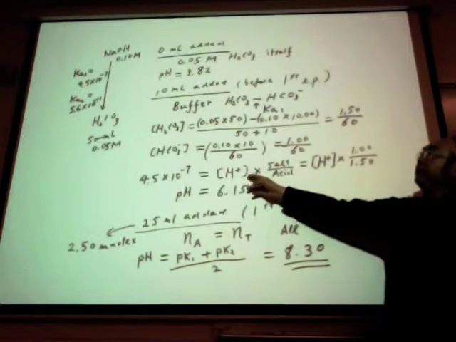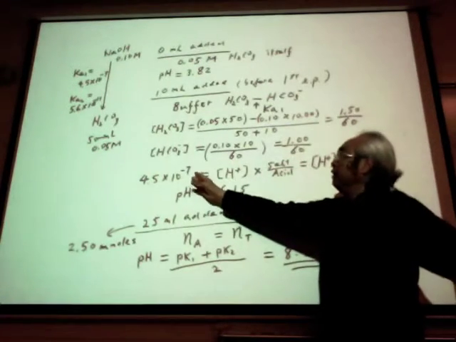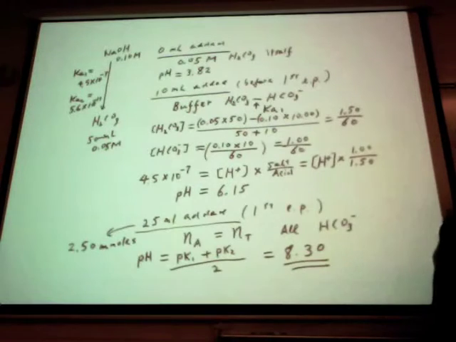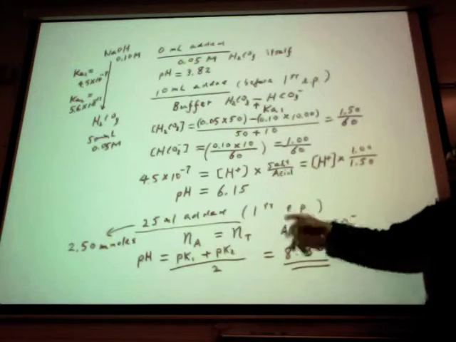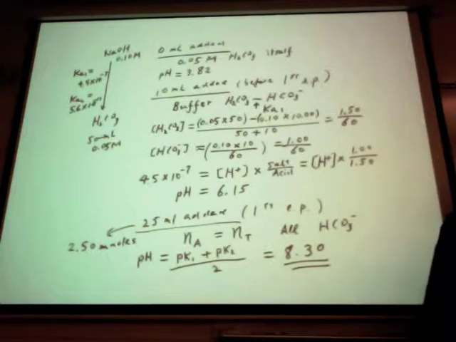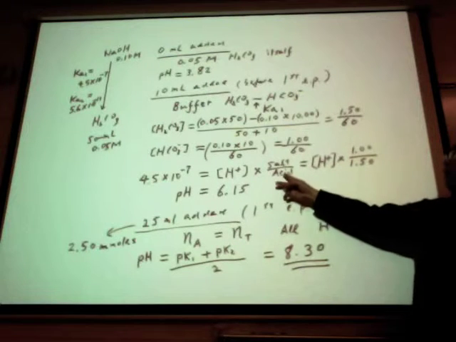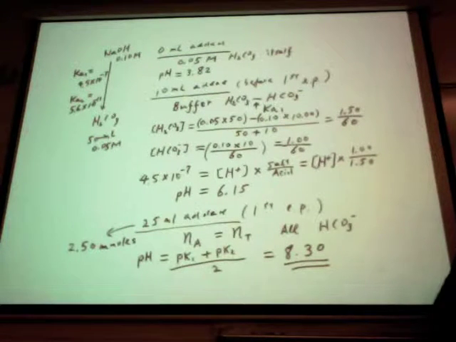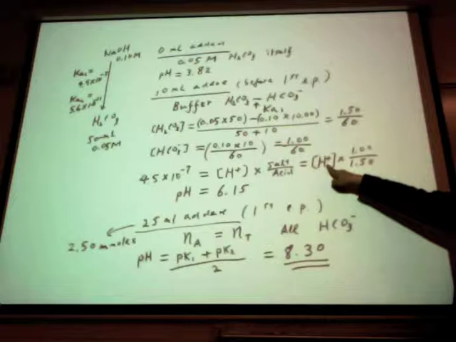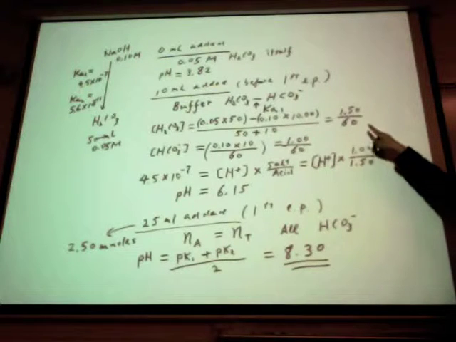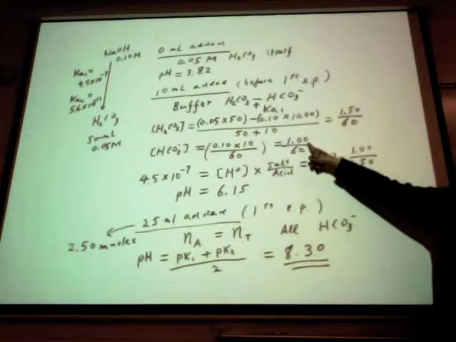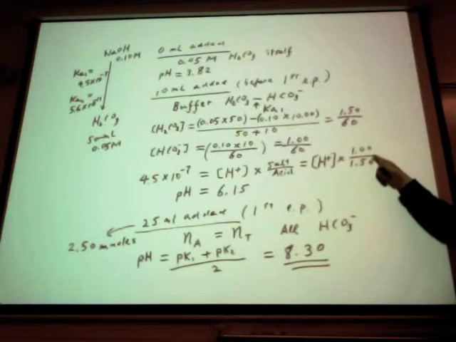This is at equilibrium, though. Remember, the two are not necessarily equal; this X is not equal to that X. This is how much acid is left. This is your unknown you're solving for, this is the salt, and that is the acid.